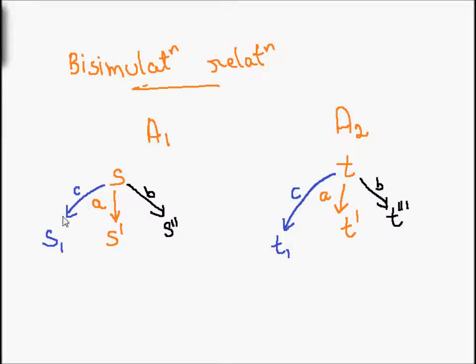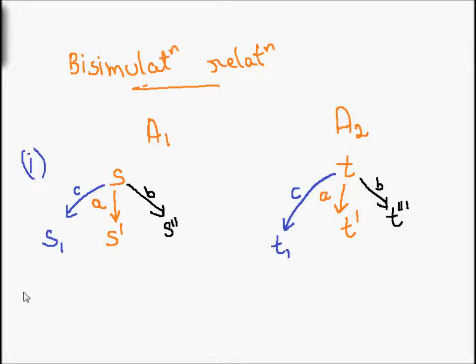So if there is a transition with an action in one LTS, then there should be an equivalent transition for that action in another LTS. This is the first condition of bisimulation relation.